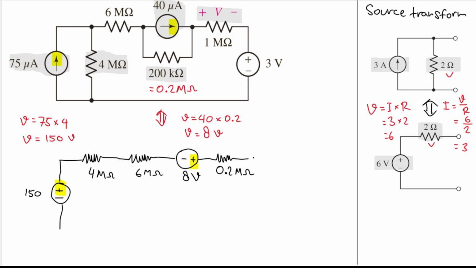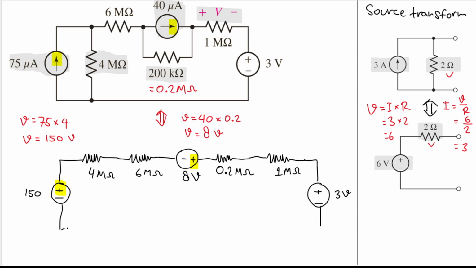And then we will have this resistor here. I think I will leave it as is. So we will have this 1 mega ohm resistor. And then I will have a 3 volt voltage source.